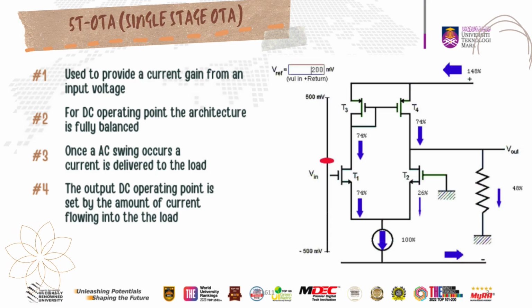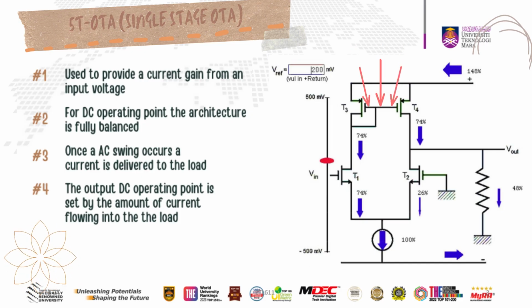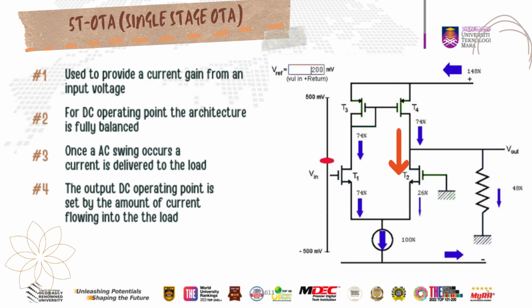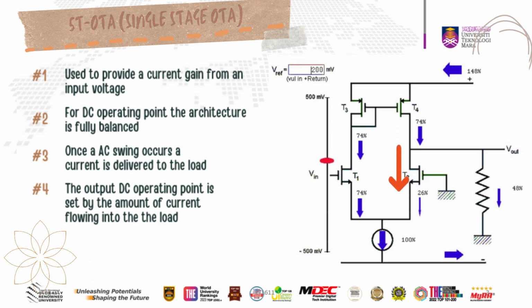The arrow pointing to the left shows that 74% of the input current is flowing through both T3 and T4 transistor equally at 74% each. However, as the current flows from T4 further down to T2, it branches out by 26% to T2 and 48% to the output.